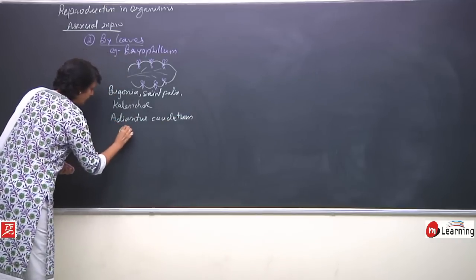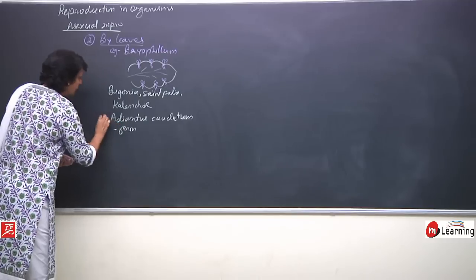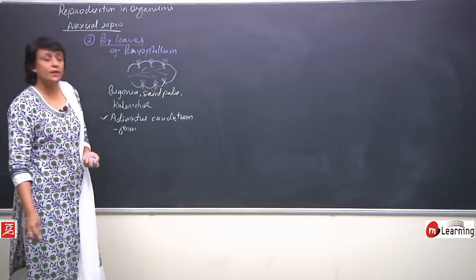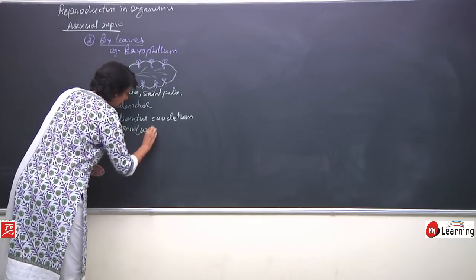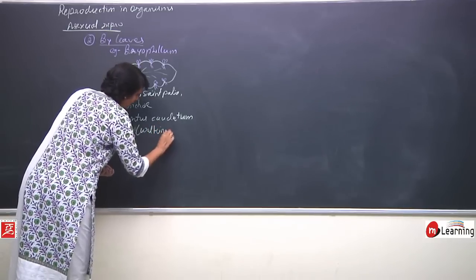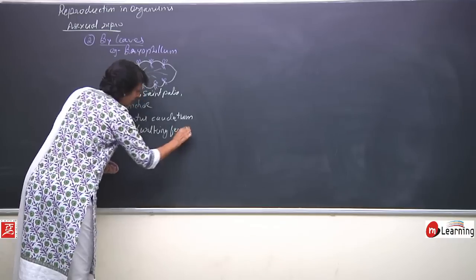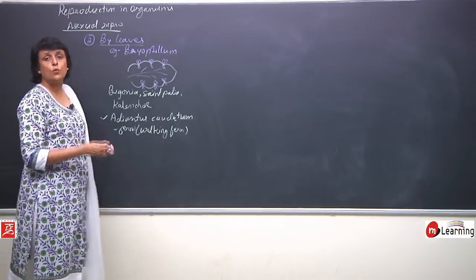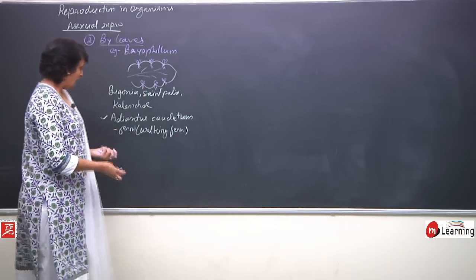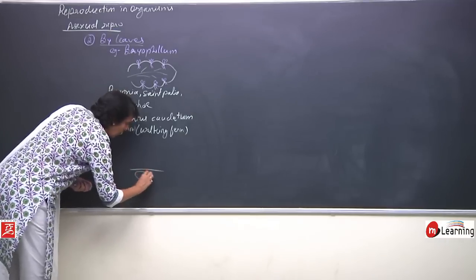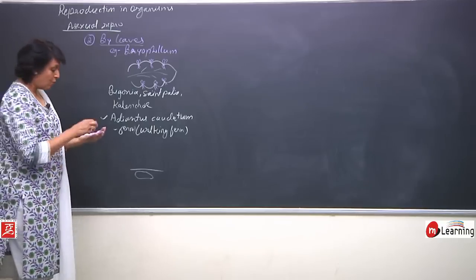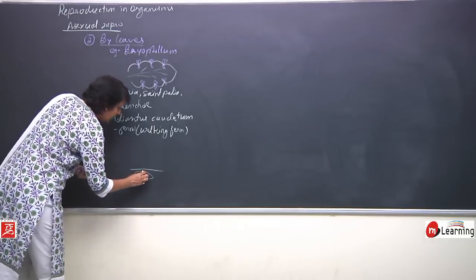It is a fern, and this fern is known as walking fern. The reason why it is known as walking fern is, in case of ferns, the stem is underground in the form of rhizome. What we see are the leaves.